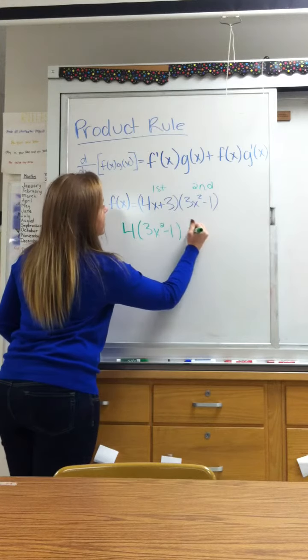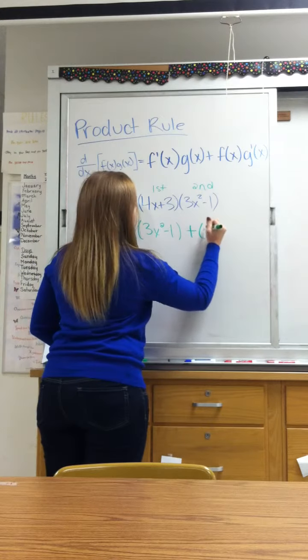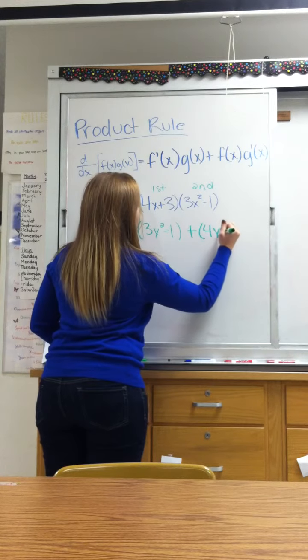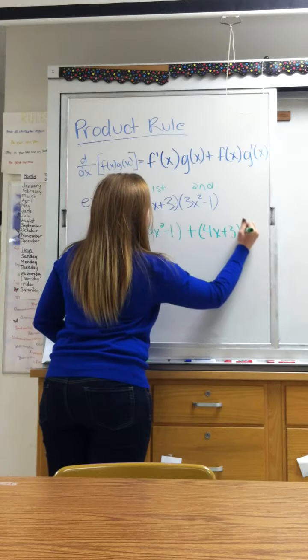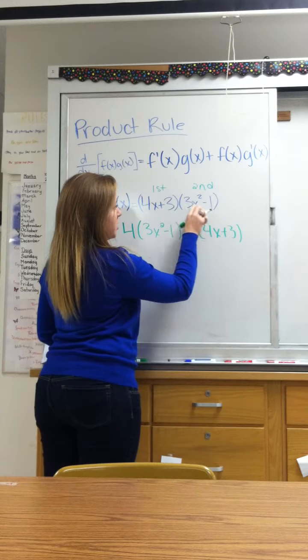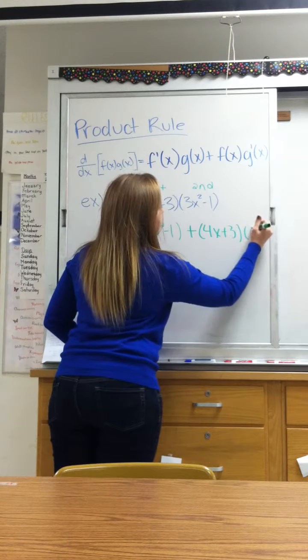Then you're going to do plus the first as it is, times the derivative of your second, which is 6x.